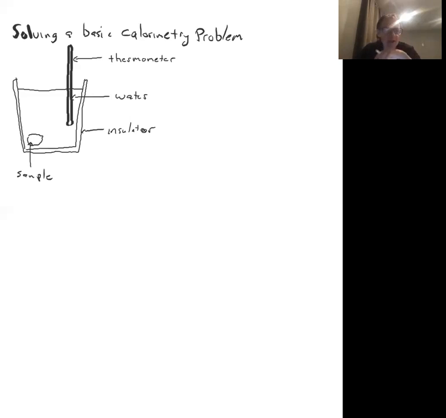So here's the idea. A 59.6 gram sample of iron is put into the water.